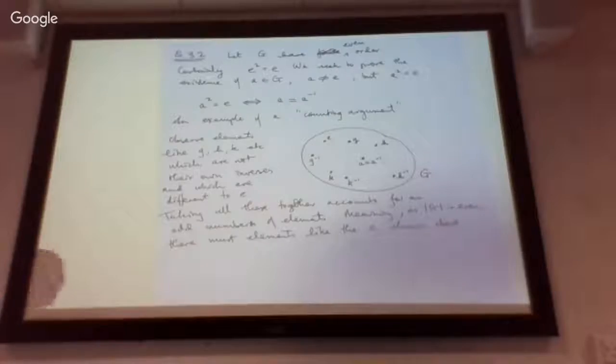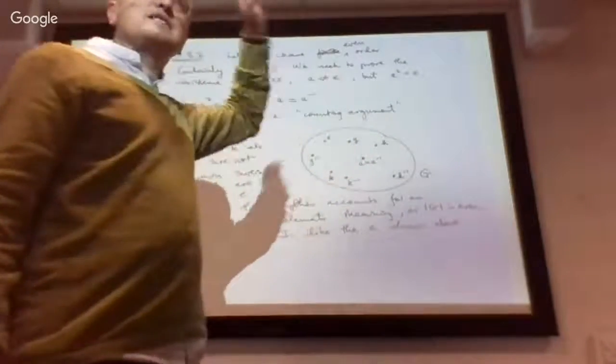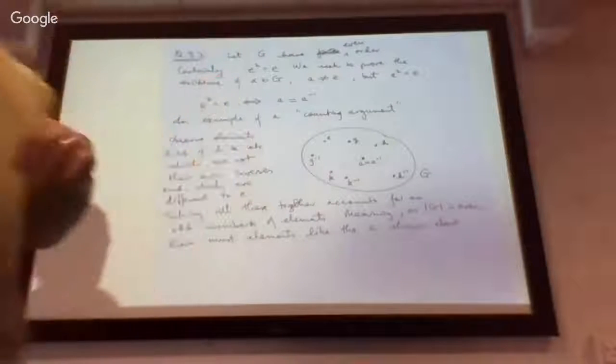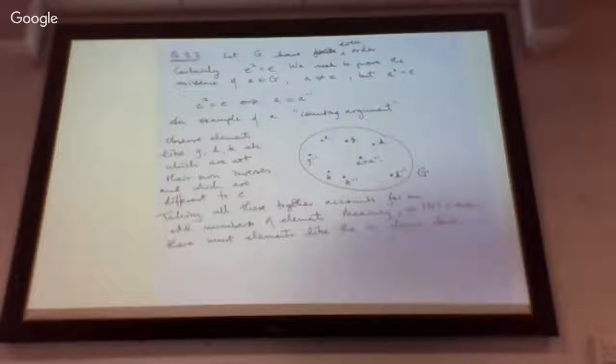We've just talked about it by imagining we were counting all the elements in the group, or listing off all the elements of the group in a certain kind of way, which leads us to a certain conclusion. Okay, that's a useful thing to know. Any group of even order has to have self-inverse elements which are not the identity.